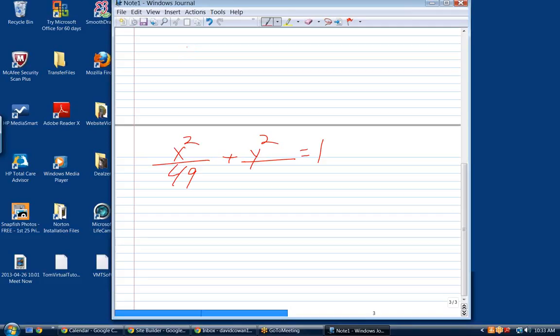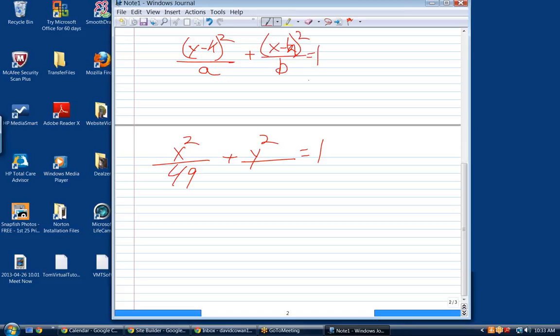It should be y minus k squared equals 4p times x minus h, and vice versa, x minus h squared equals 4p times y minus k. Oh yeah, these are different equations. It's either this or this.